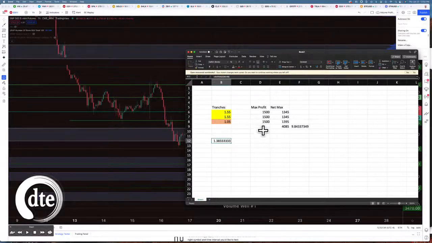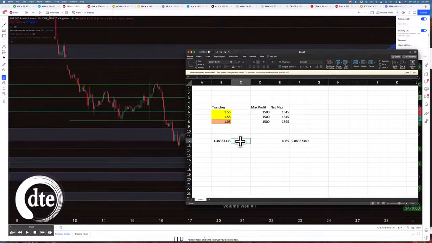And then if I do that, then I'll add them up here too. And then I guess I could bring this all the way down here. So this just tells me my total max profit potential. This tells me my average cost, but it's not telling me my real cost.